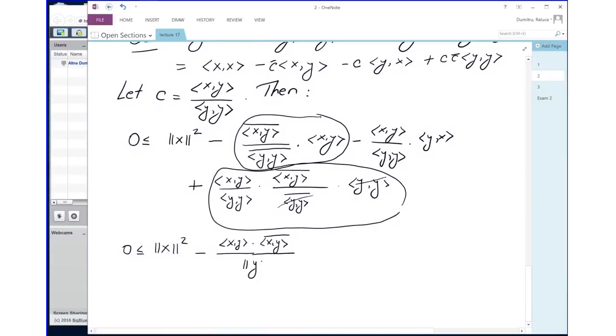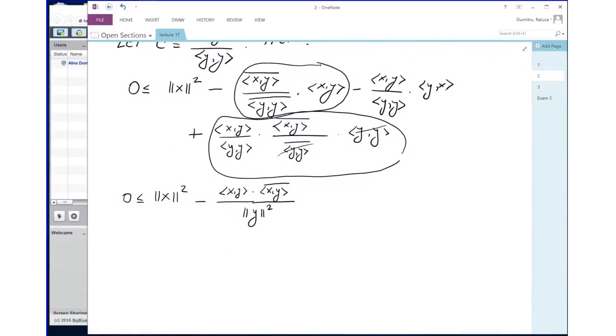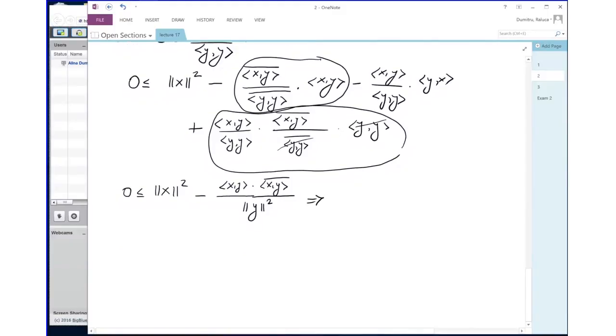And the inner product between y and y is the norm of y squared. Okay. So the norm of x squared is greater than or equal to the magnitude of this complex number squared, because on top you have that number times its conjugate. And I think we're done.